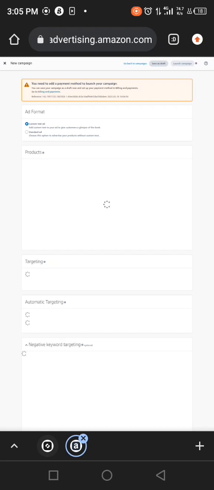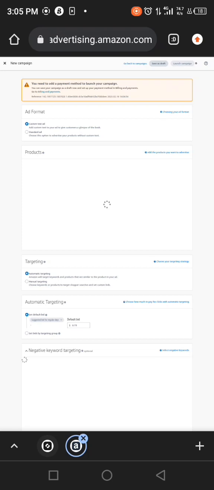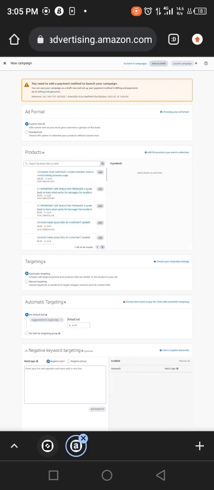So if you were running an advert for one particular book, I'd advise that you use custom text ad. But at this point where you're trying to run one advert for so many books, please listen carefully. Custom text ad will only work when you're running an advert for books of the same format. For example, one particular book in different formats.